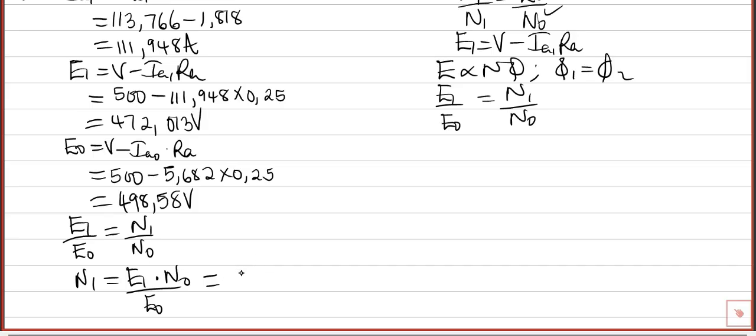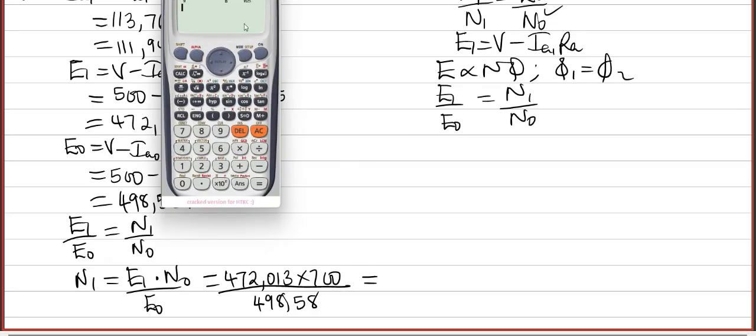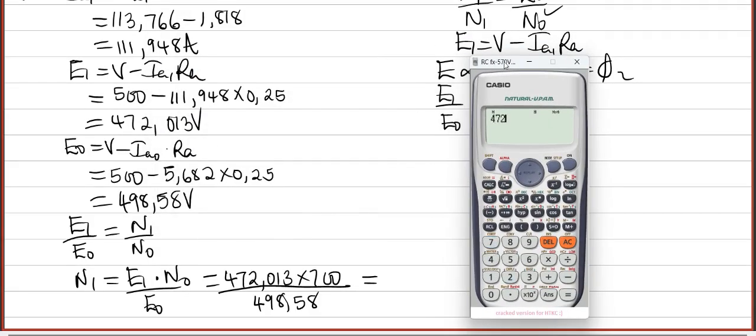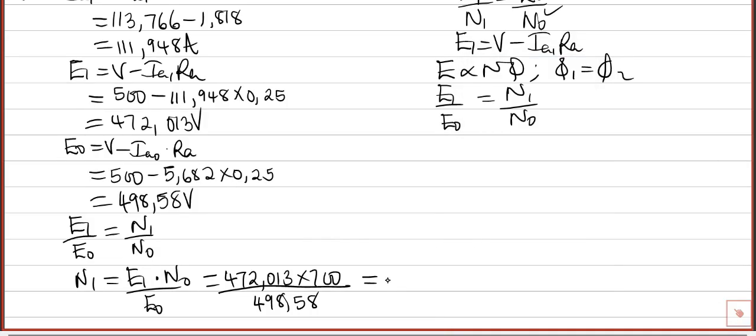That is 472,013 times 700 over 498,58. We have 662,7 revolutions per minute, and this is our speed at full load.